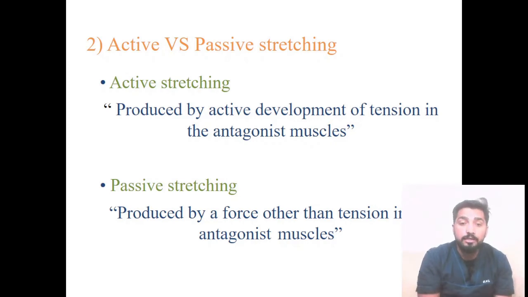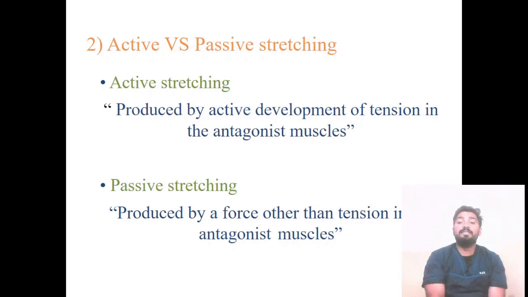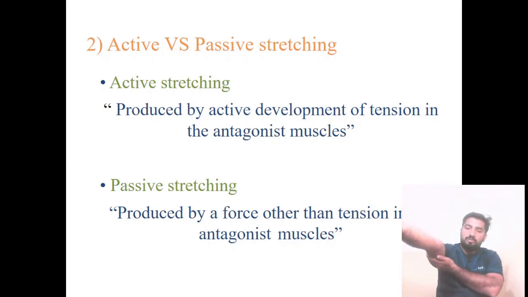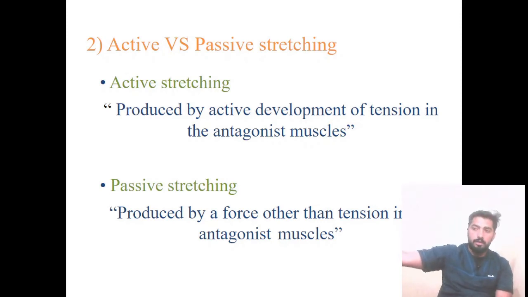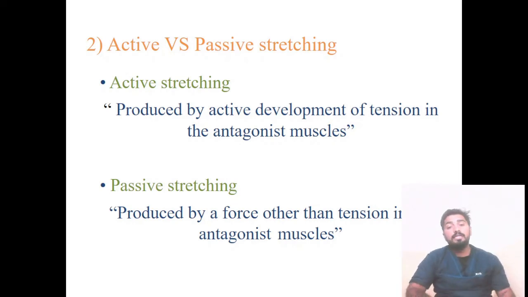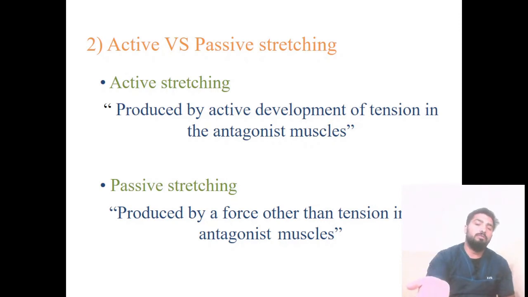And the passive stretching is produced by a force other than the tension in the antagonist muscle. Instead of contracting the triceps, with the help of another person or the physiotherapist, or by any other means, the muscle can be stretched without using the antagonistic muscle's power.